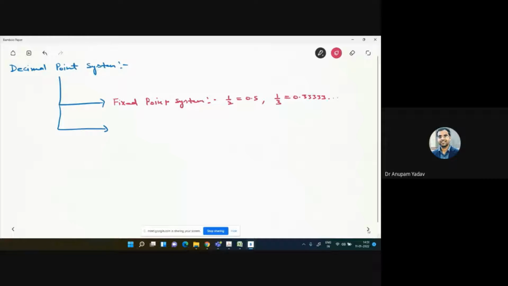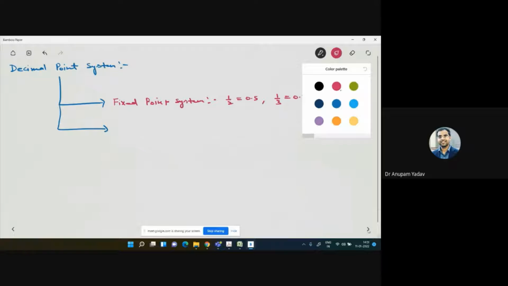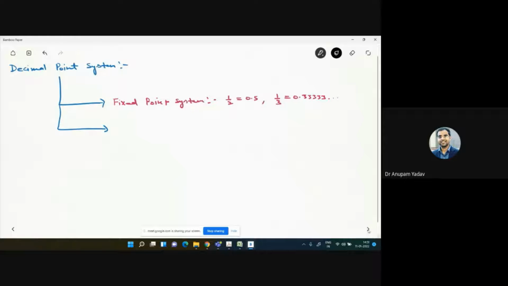But when we are about to store this 1/3, then after a certain number of decimal places, depending on which type of system you are using, whenever we need to store this 1/3, we need to chop this particular decimal representation after a few decimal places.